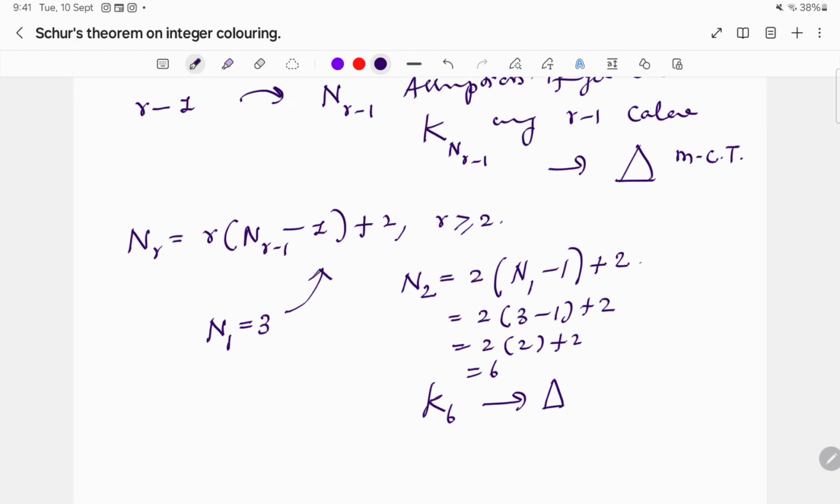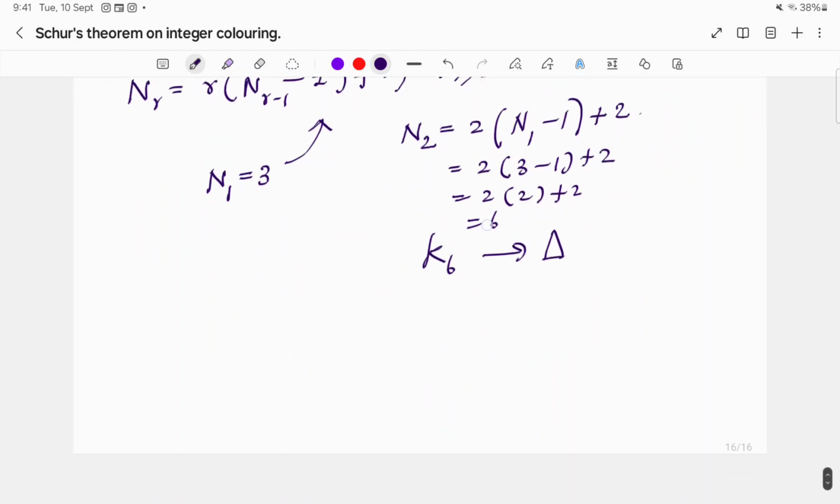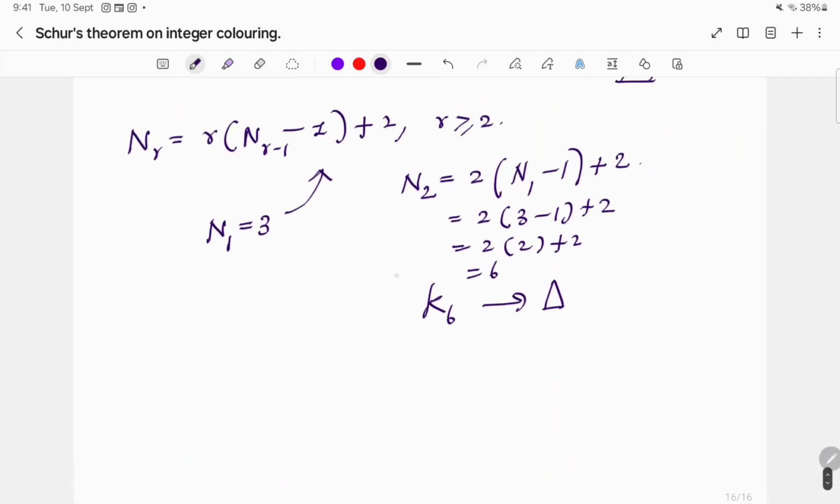So this is a recursion that you can continue. And I have to prove that this formula actually works, right? So assume that I color K_{N_R} using R colors. Now I have to prove this using induction.